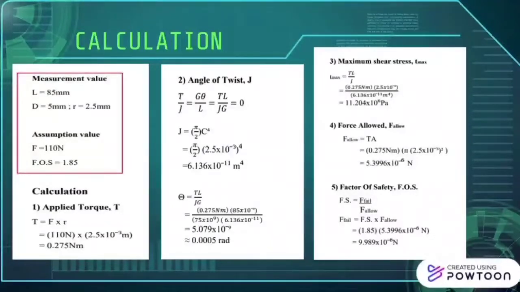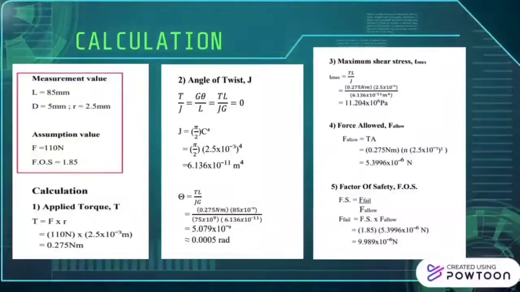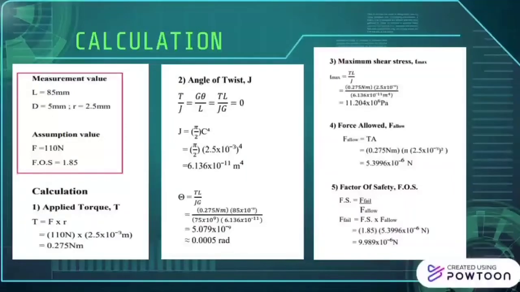For the angle in radians, we use the formula torque times length divided by polar moment of inertia times modulus of rigidity, which is 0.275 Newton meter times 85 mm, over 75 giga times 6.136 times 10 negative 11, and the value of the angle is 0.0005 radians.